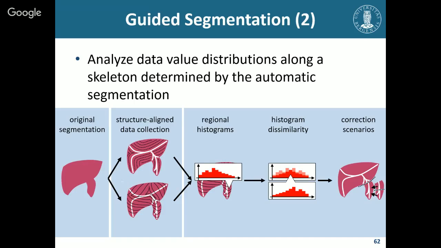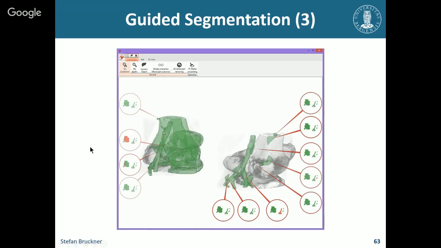The structural information that we use is essentially a skeleton of the object, where we collect regional histograms and evaluate their dissimilarity in order to provide correction scenarios.